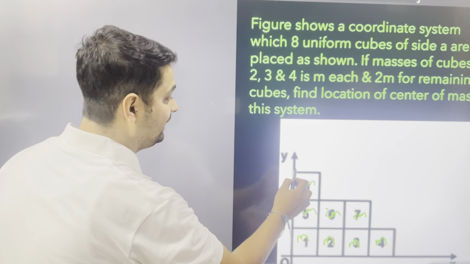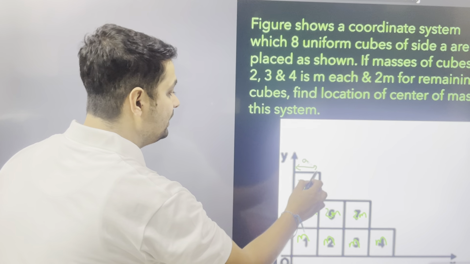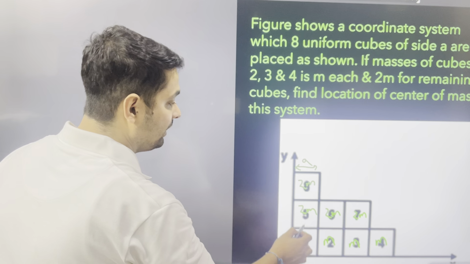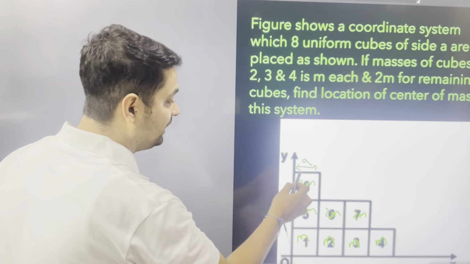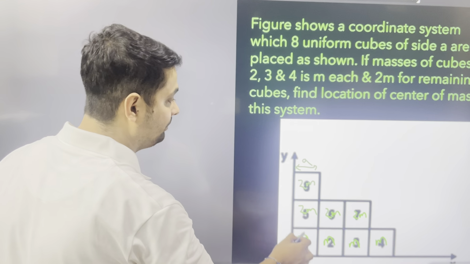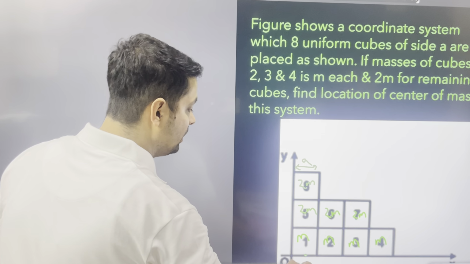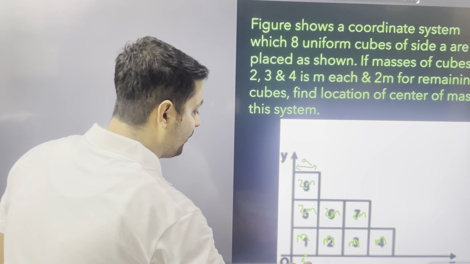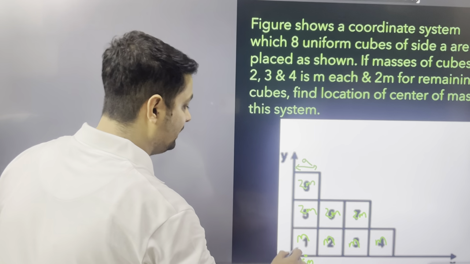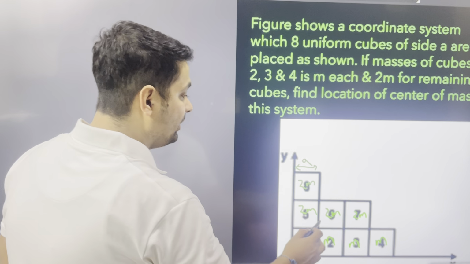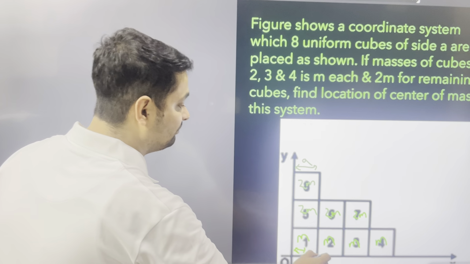Because this side is A and the cube is uniform, the physical center from the origin will be A by 2. So 5m is at position A by 2. Correct?